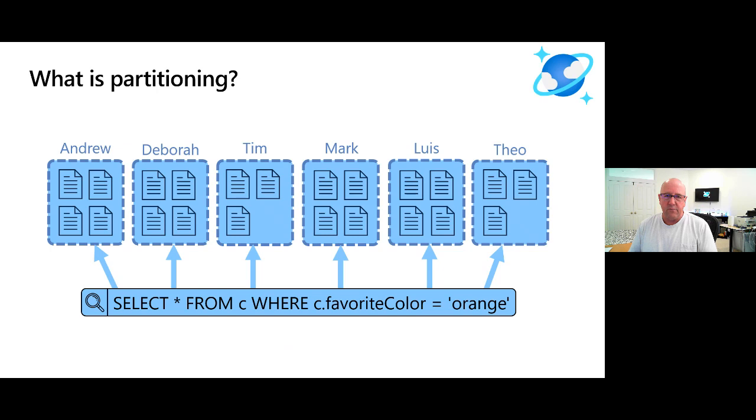Now, one of the things I want to point out is something that's somewhat insidious about NoSQL databases: you could design something and not know whether or not it's going to scale until it gets to be super large. If you're just designing and testing at a small scale, so let's say you've only got 1 or 2 physical partitions, and you're testing to see what the cost and latency are for your queries, you're not going to see the full impact.